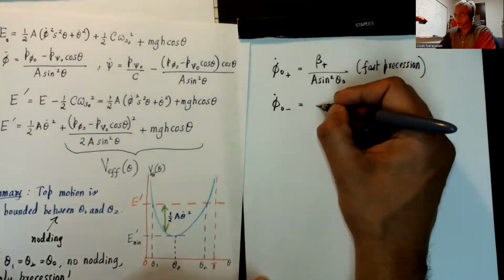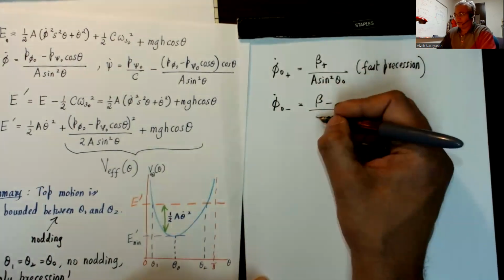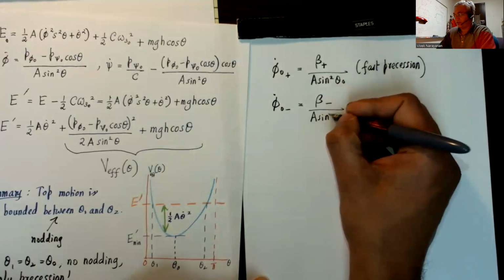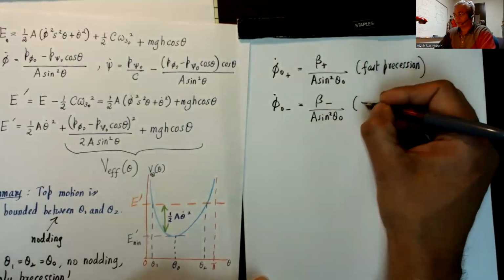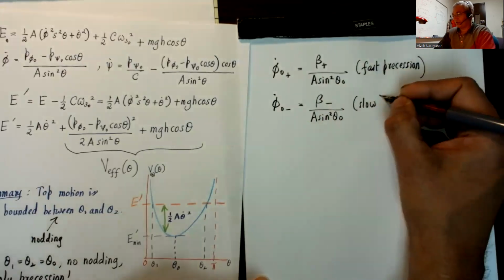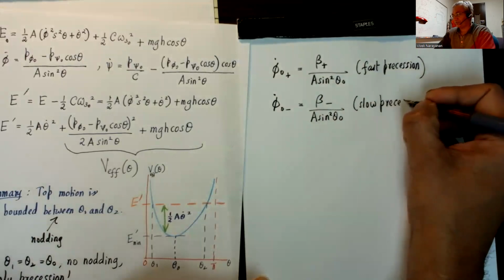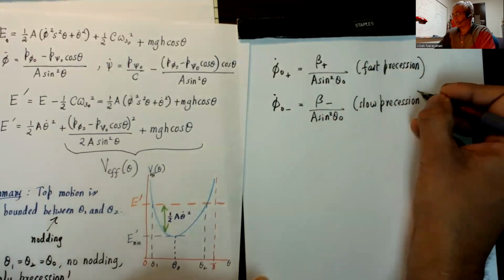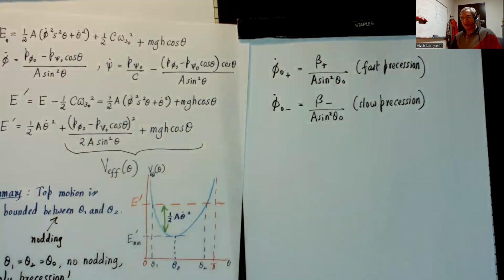It's like a flutter. Beta minus over a sine squared theta naught we do observe, and that is the slow precession. Since beta minus is less than beta plus, hence the term fast and slow.